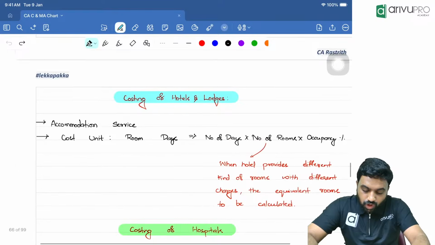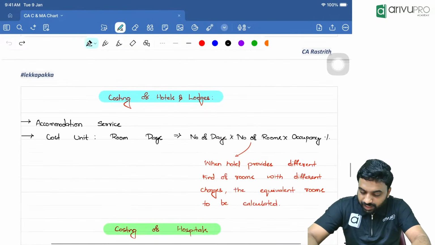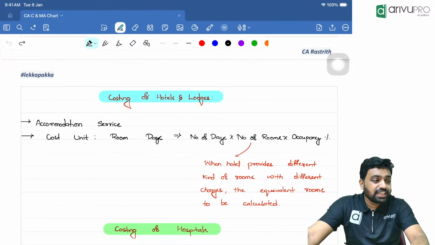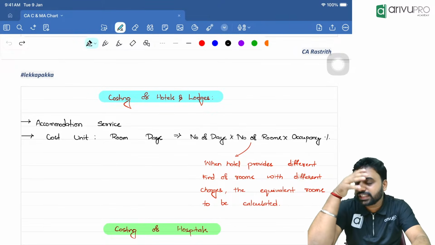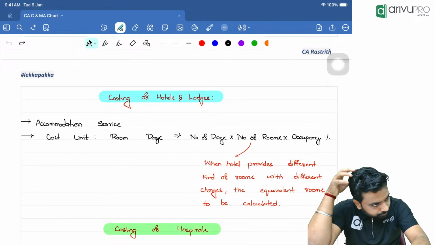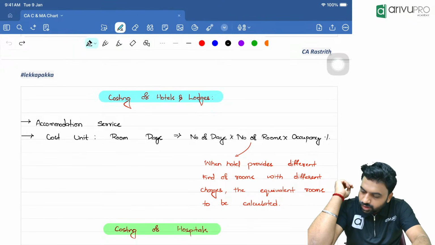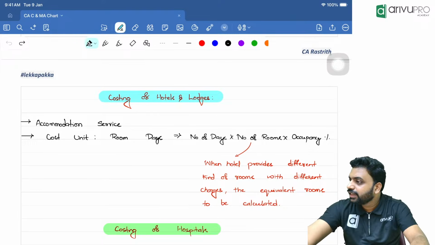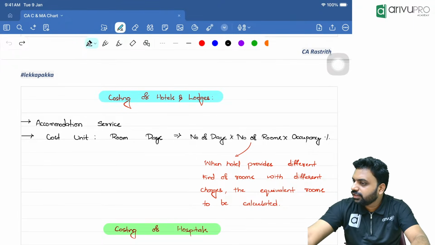Now, costing of hotels and lodges, basically costing of accommodation services. Generally for accommodation services, how will they charge? Number of nights you are going to stay there. That is the number of days you have a booking for, not monthly, not yearly.